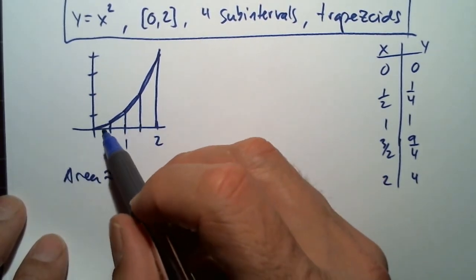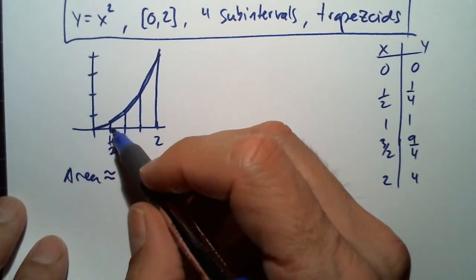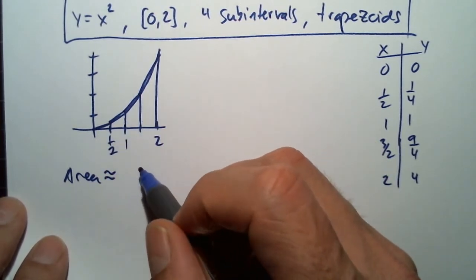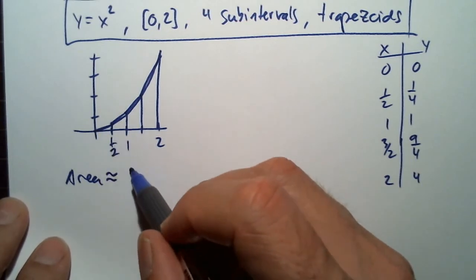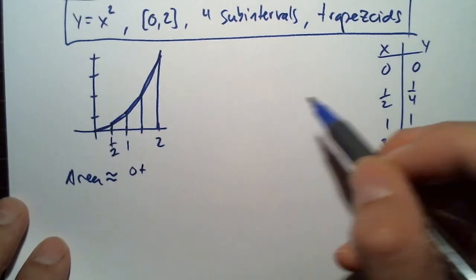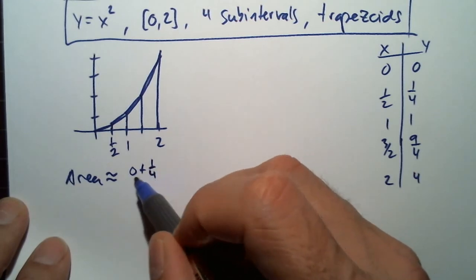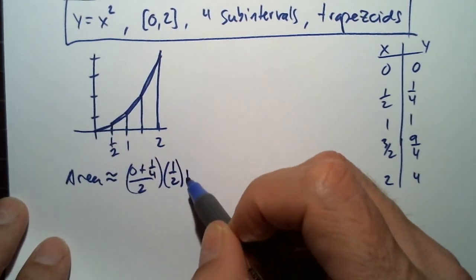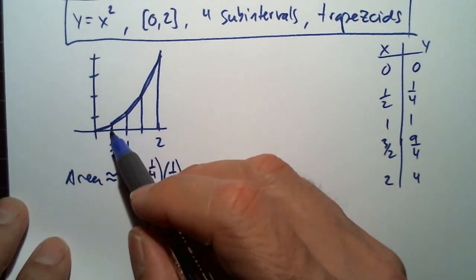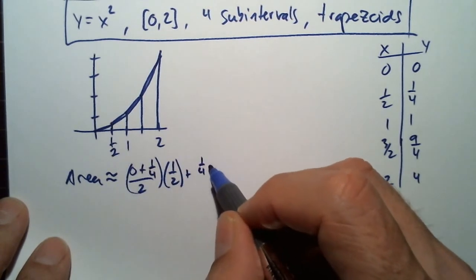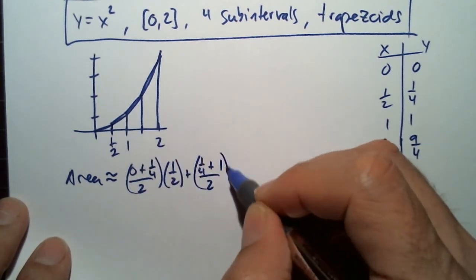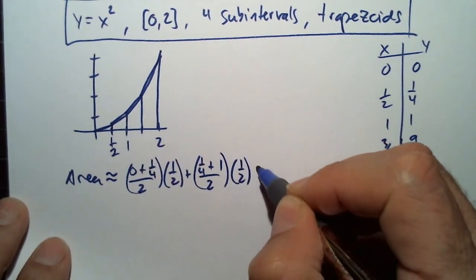So the area of the first trapezoid, we could write it as a triangle. You could also do it with the same trapezoid formula, because the left side is 0. The right side is 1/4. Divide by 2, multiplied by the base. For this trapezoid, the left side is 1/4. The right side is 1. Divide by 2, multiplied by the base.